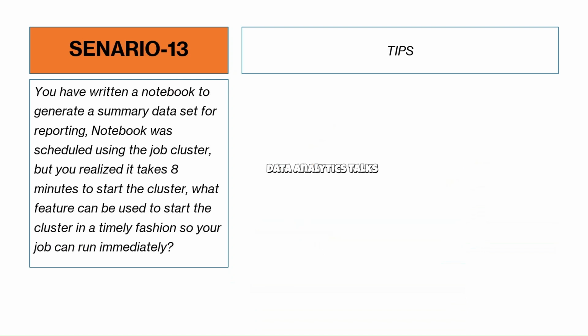Then coming to another scenario, you have written a notebook to generate a summary data set for reporting. The notebook was scheduled using the job cluster, but you realized it takes 8 minutes to start the cluster. What feature can be used to start the cluster in a timely fashion so your job can run immediately?